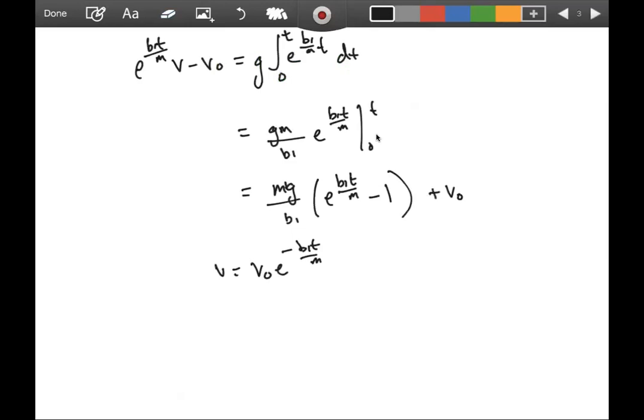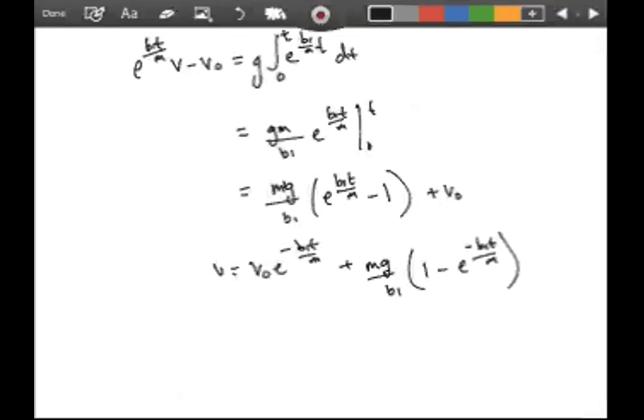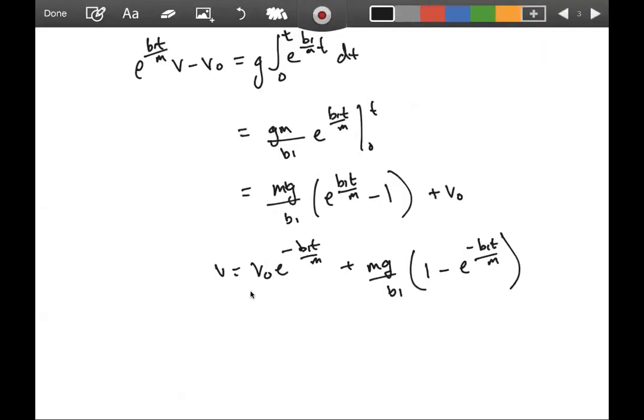That's that term. And now I get a plus mg over b1. Finally, when I multiply by the negative, that cancels out the first term, so I get 1 minus e to the minus b1 t over m. This then becomes my velocity as a function of time.